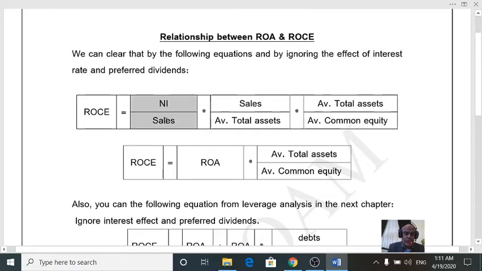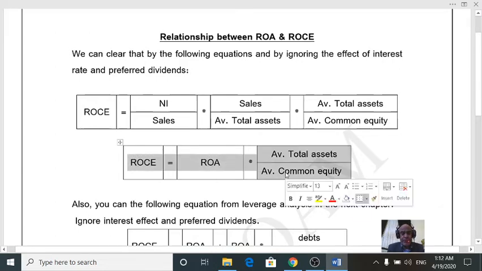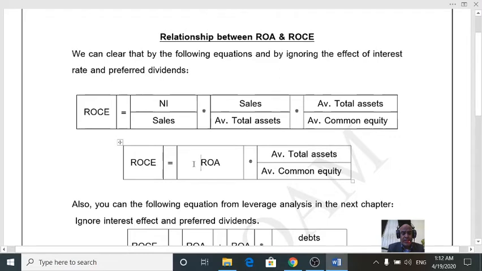As you know, my student, net income over sales multiplied by sales over average assets equals net income over average total assets, which equals what? Which equals return on assets. So we can clarify the relationship between return on common equity and return on assets with the following equation.